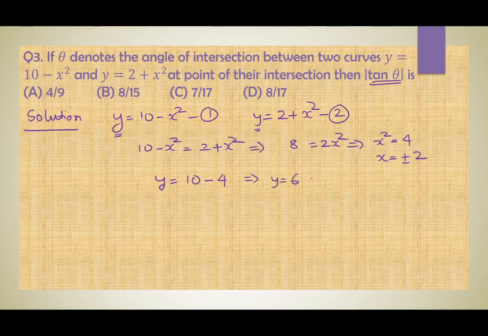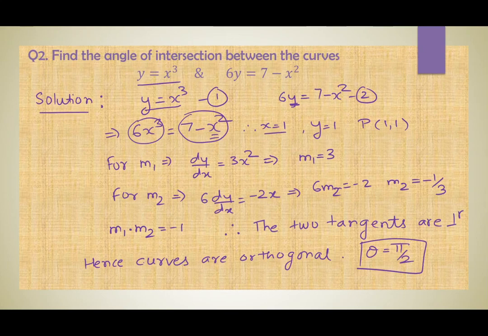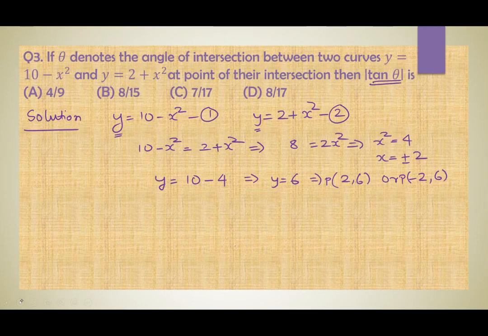So what you have with you is the point of intersection, and that can be either 2 comma 6 or minus 2 comma 6. That is the point P. I'll just consider this and check with the options if I get the final answer correctly. Then for obtaining M1, let's just differentiate this.